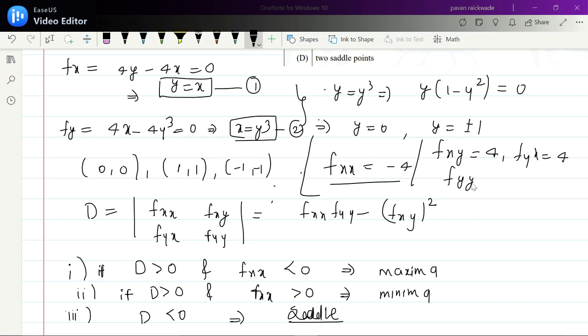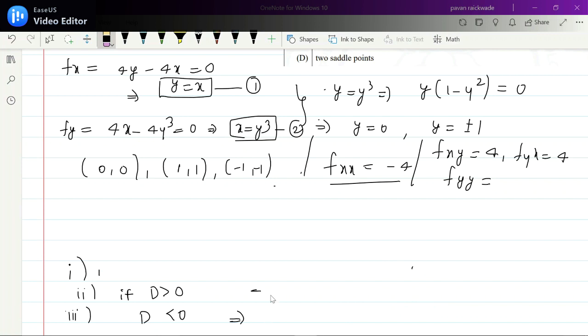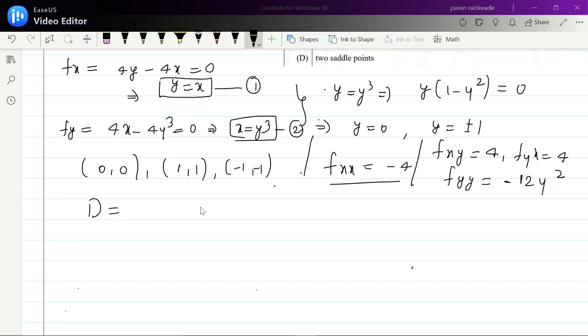And fyy is minus 12y squared. What is the value of D, which is fxx into fyy, which is 48y squared, minus fxy squared, it's 16.